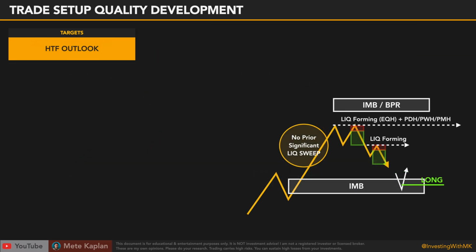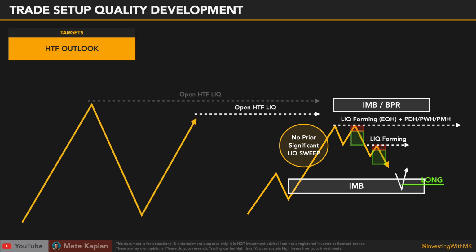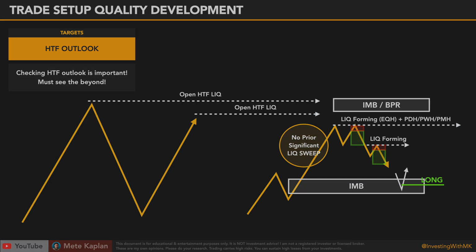The last thing to consider is checking your higher time frames out. If there are close level, open liquidity levels, it would be great for your position because the price will have even more reason to go up to clear all these liquidities. I hope that you fully understand the targets now.